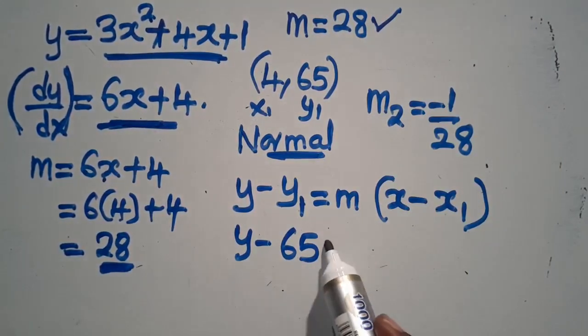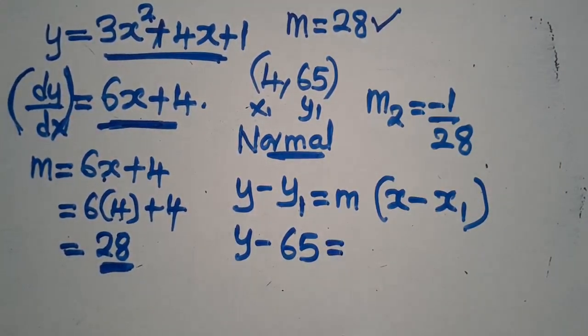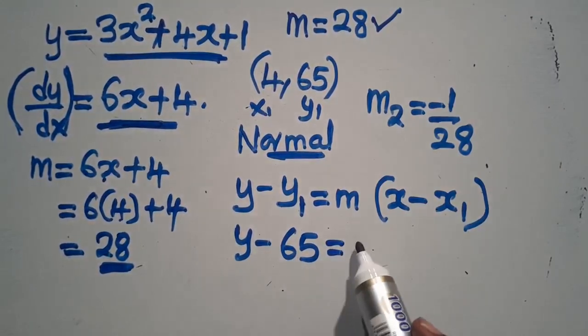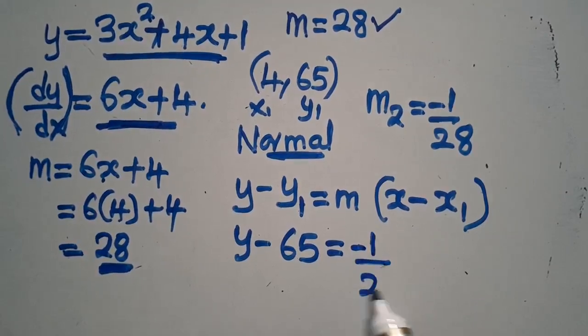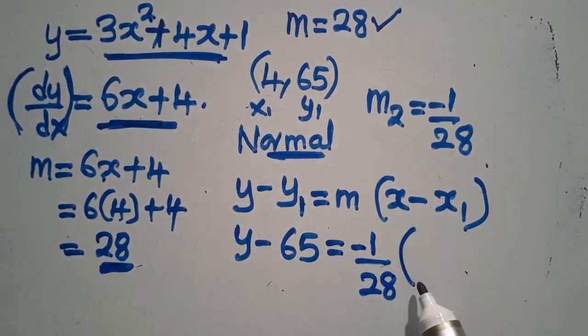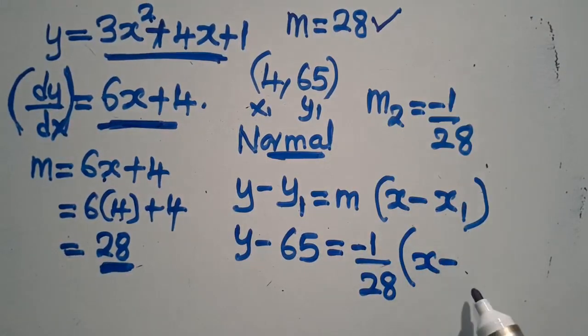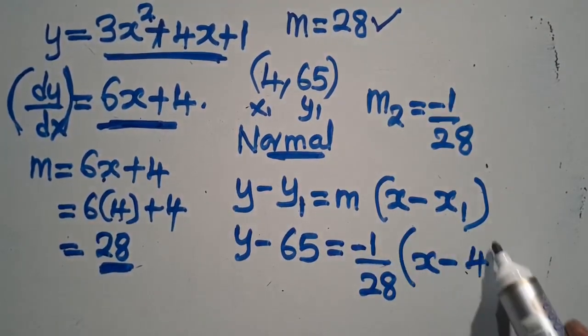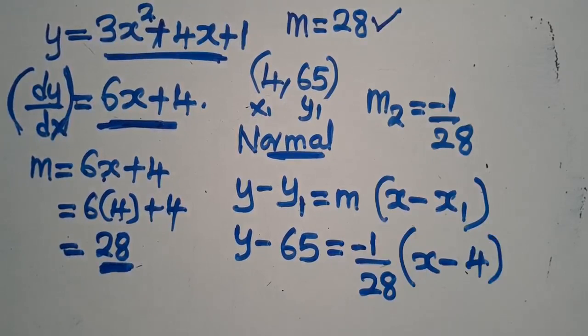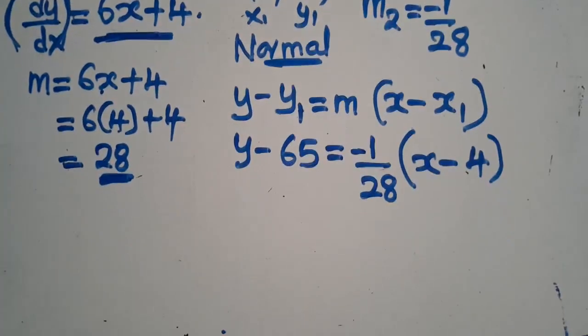Then you say this is now equal to what? What is your gradient? You are going to use negative 1 over 28. You do this, times x minus x1. What is your x1? 4. So this is what you are supposed to do.